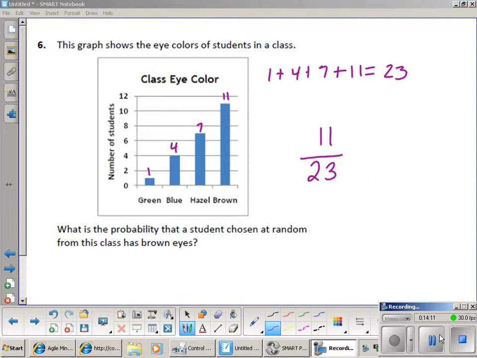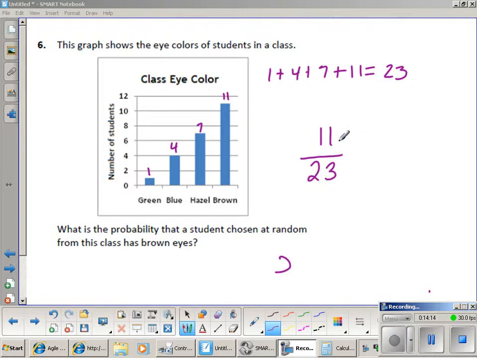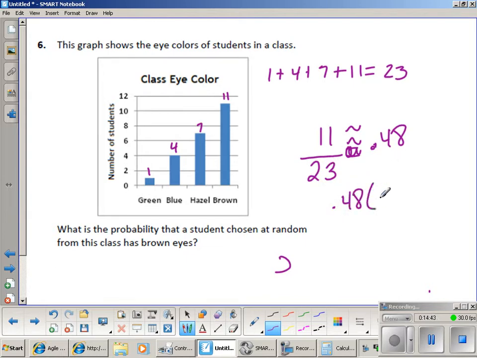I'm going to turn this ratio into a decimal. 11 out of 23 is, whoops, I should have used approximate, about 0.48 of the class. So I can say not quite half the class, about 0.48, or I could say 11 out of 23. I can even write this as a percent by multiplying the decimal by, yep, you're right, 100. And that's 48% of the class.